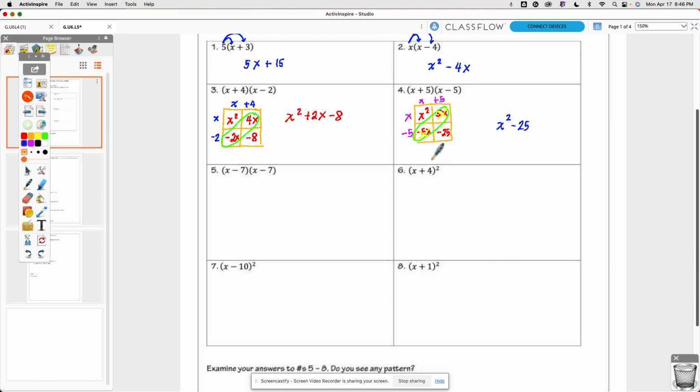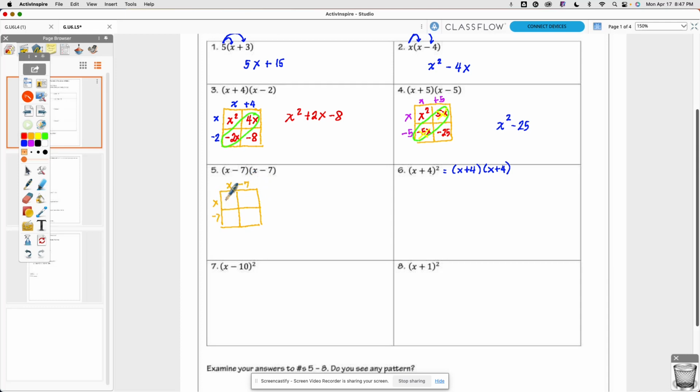And by the way, when you see x plus 4 squared, this is the same as x plus 4 times x plus 4. Okay, so let's do this. We have x minus 7 times x minus 7.